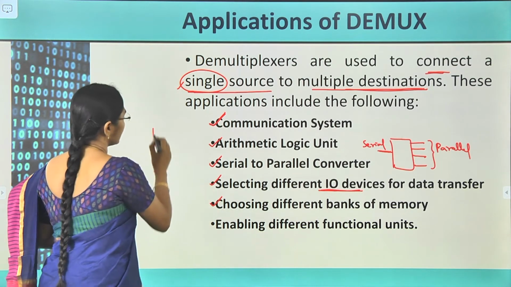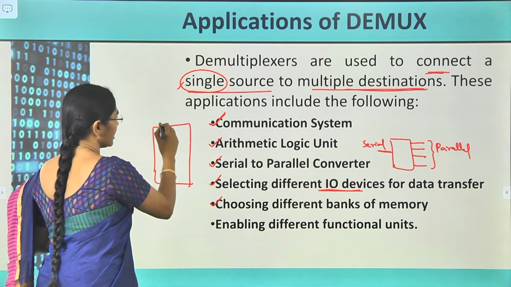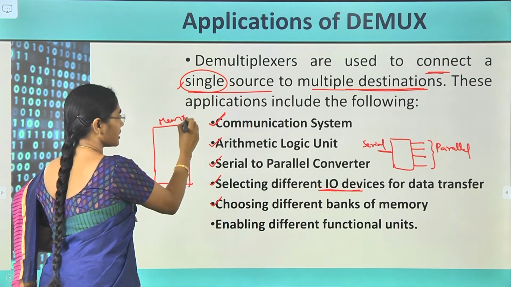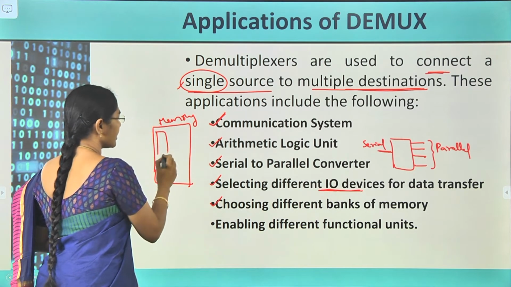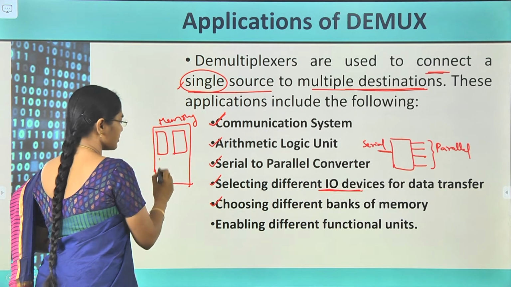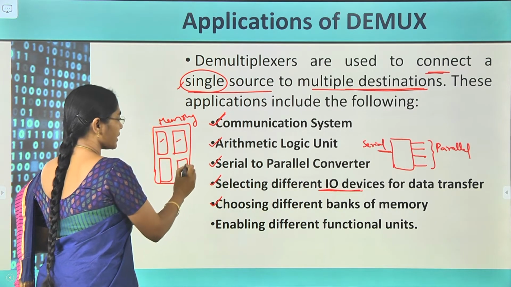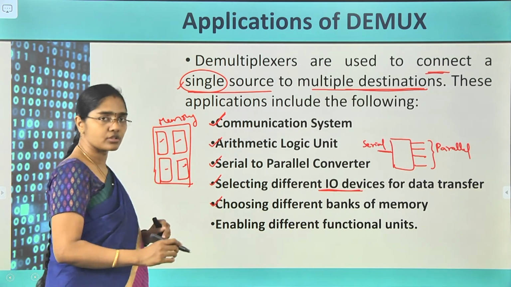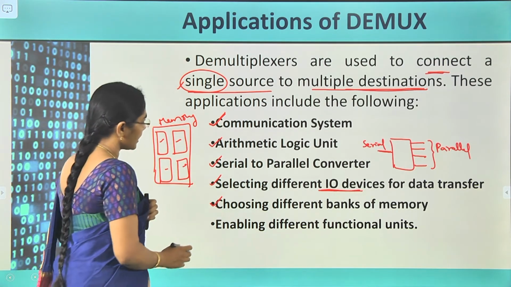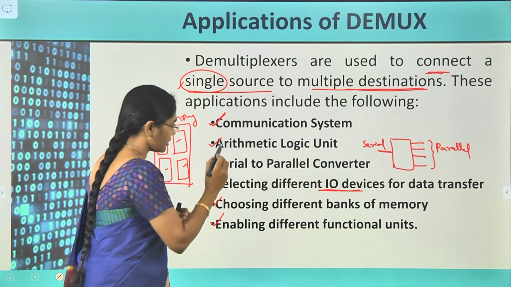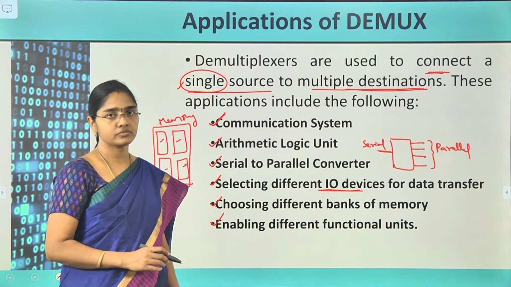That means if you have a big memory system, and that memory is divided into some banks, meaning some parts, to select any one of these banks, this demultiplexer is going to be used. And then enabling the different functional units.